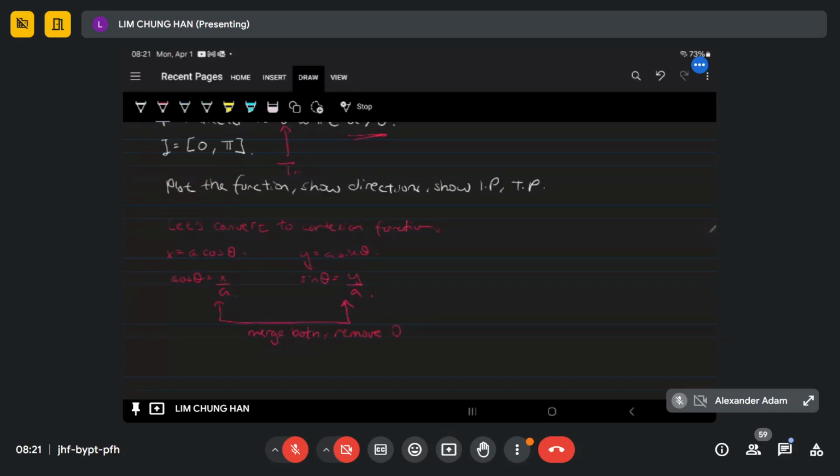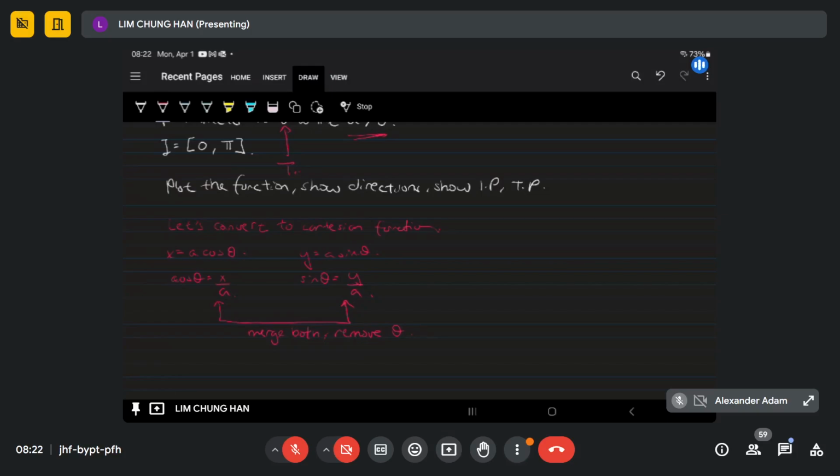Making sure we remove that common parameter theta. In the previous method, the way I merged the two is I just substituted one of the equations into the other. But in this case, you can't. There's nothing to substitute. You cannot substitute anything into anything.